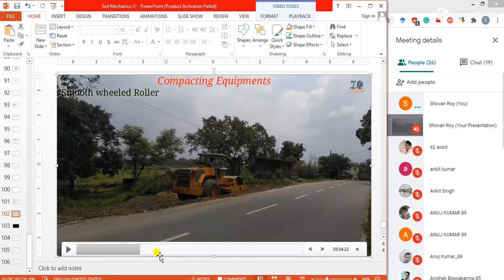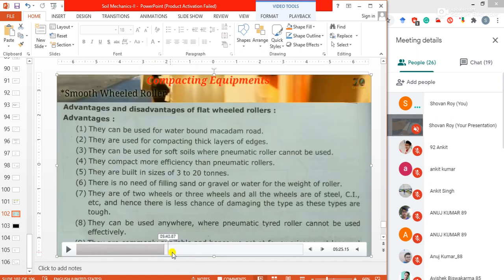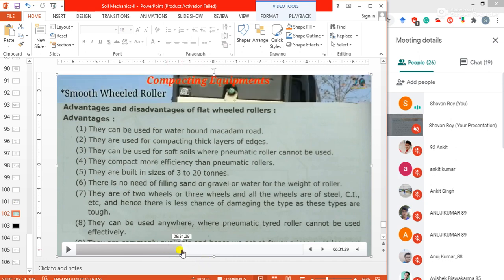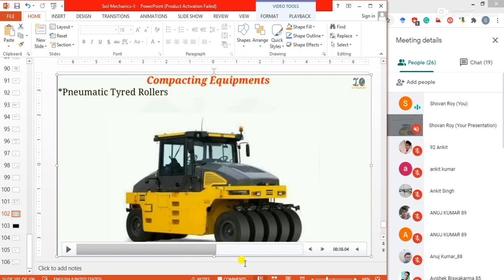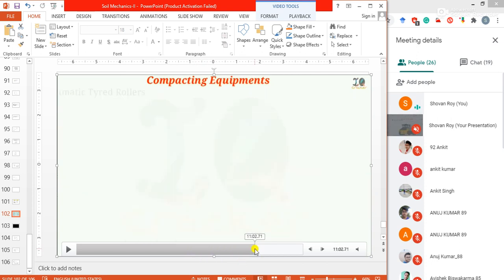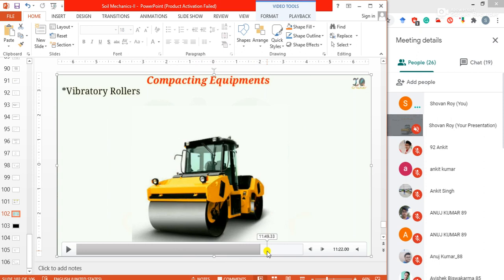You can read from it the advantages and disadvantages of the smooth wheel roller, the pneumatic tire roller, or the rammer. I think the field compaction method is what you need.